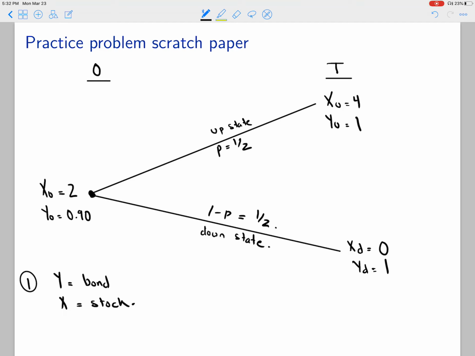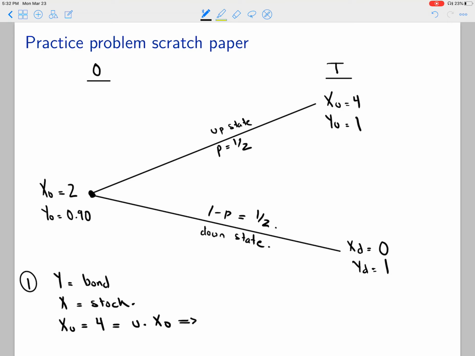and so we'll also calculate from this the gross rates of return on this stock. What we have here is that X sub U is equal to the payoff of 4. We know that the stock has the payoff structure of U times its price today, U times X0.